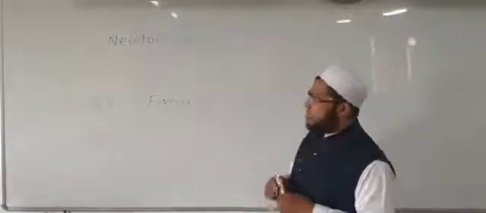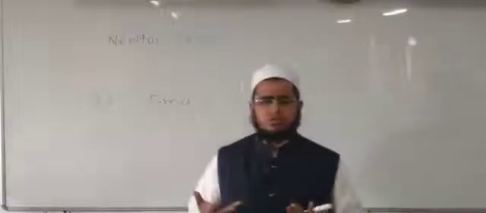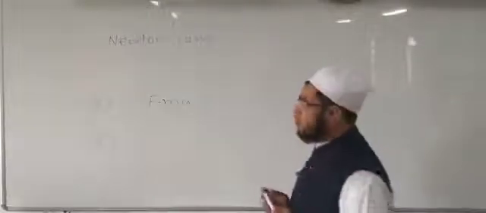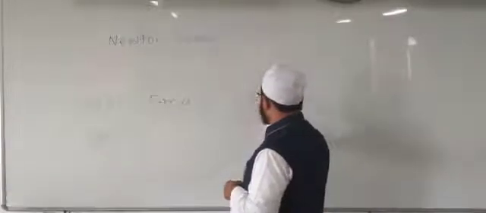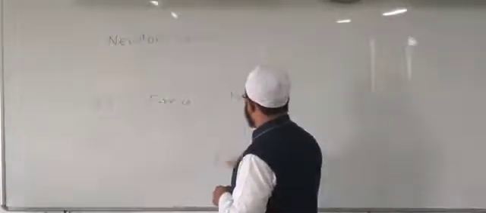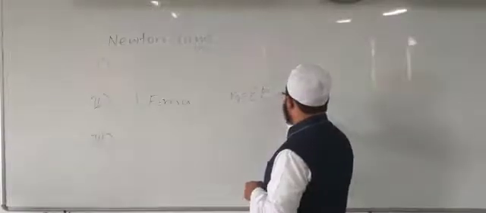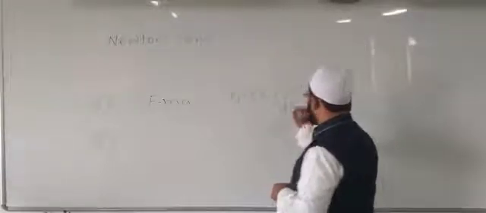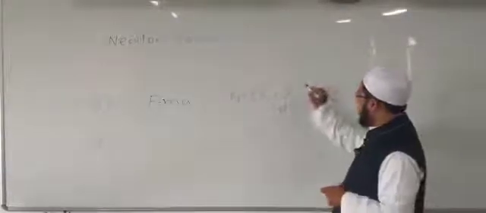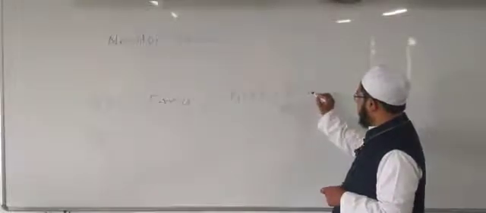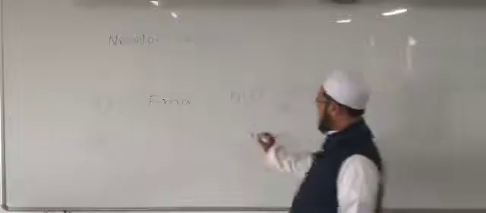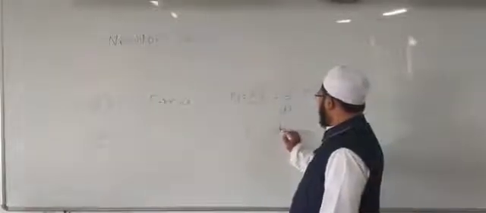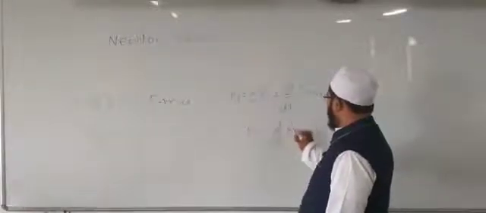Whether one force, 2, 3 or any number of forces are acting on the object, the algebraic sum, or the resultant, of that force system is equal to the rate of change of momentum, and the momentum is the product of mass and velocity. So F equal to d by dt of mv.